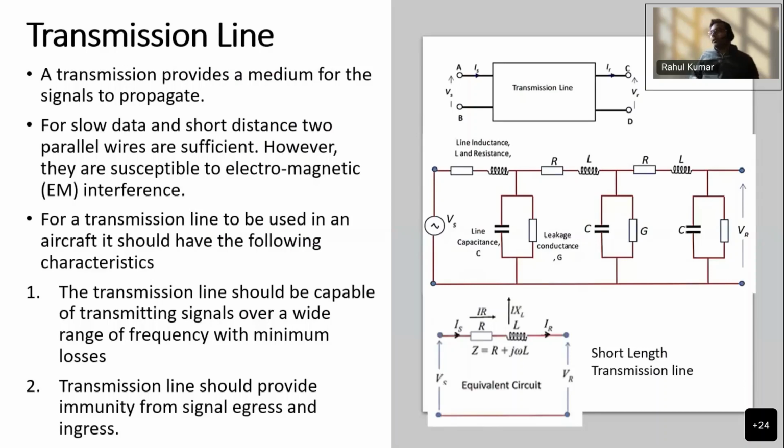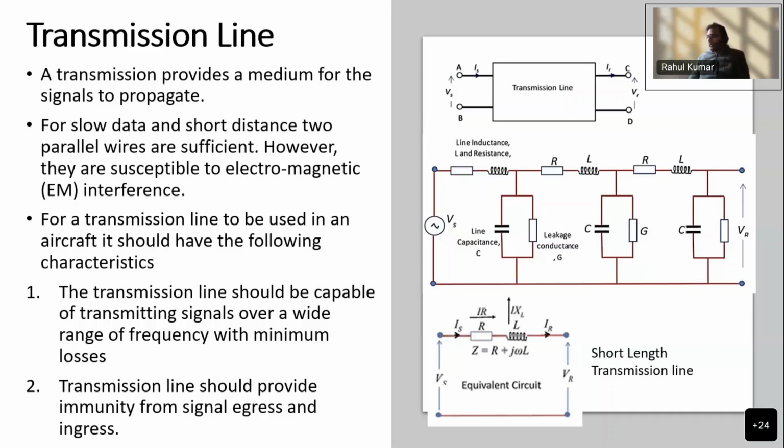Now coming on to the transmission lines or the data buses which we use. They are basically your transmission lines or wires. A transmission line mainly provides a medium for the signal to propagate. They could be used for short distance transmission or long distance transmission, and there is an entire theory about it, but we are not going to go into details.